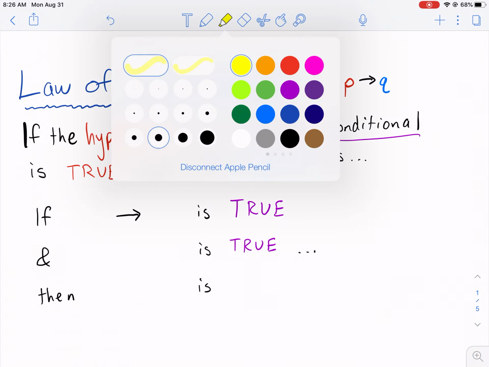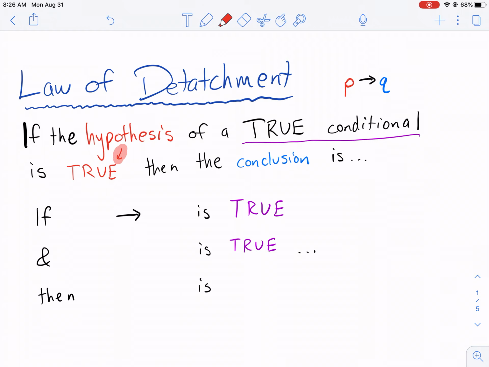This little arrow is very important. It shows that if the hypothesis is true, then the conclusion is, any guesses? Also true.